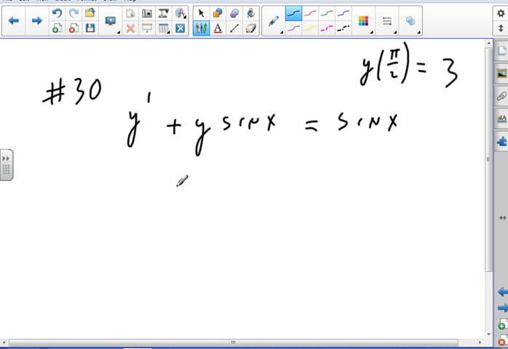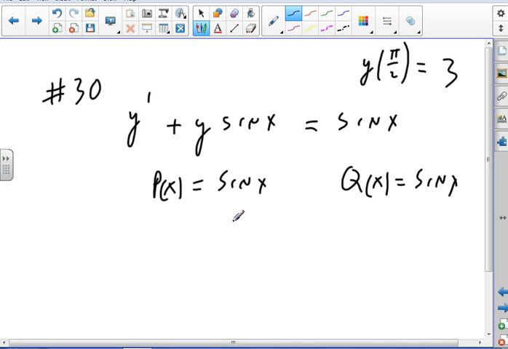Okay, so I see that my p of x is sine x, and my q of x is sine x. I want e to the integral of sine x dx. So that's going to be e to the minus cosine x. The derivative of sine is cosine, but the integral of sine would be minus cosine.